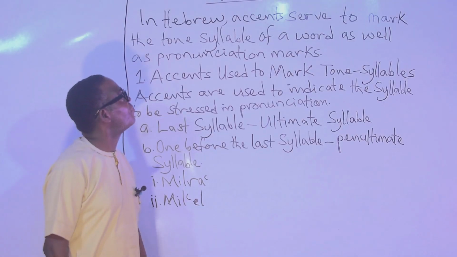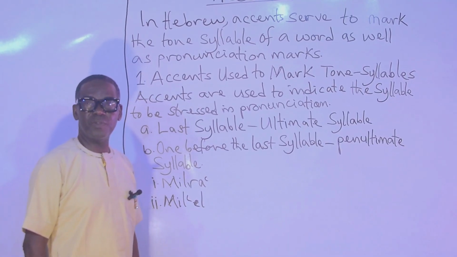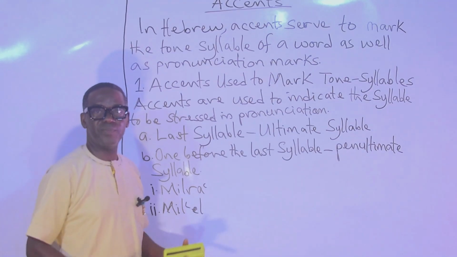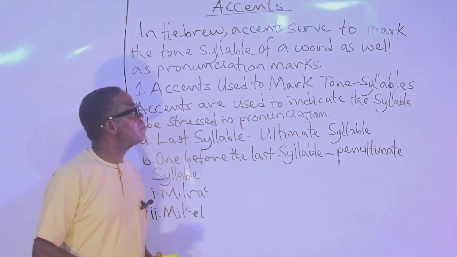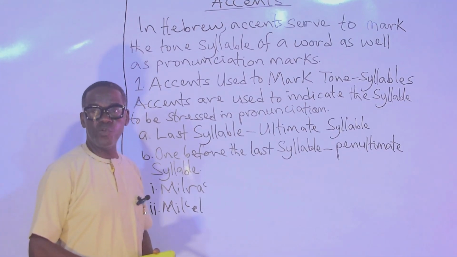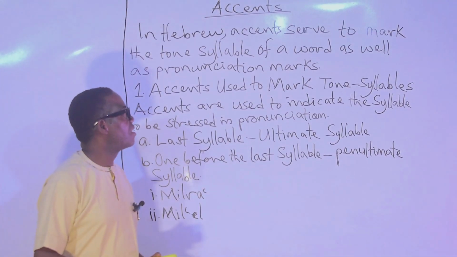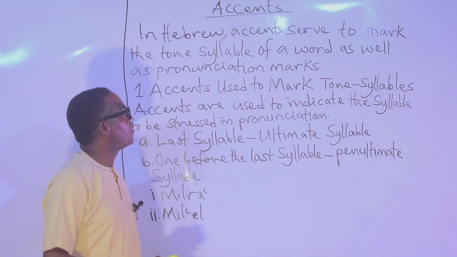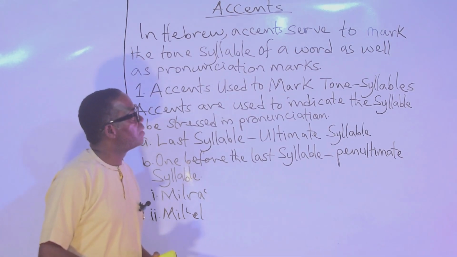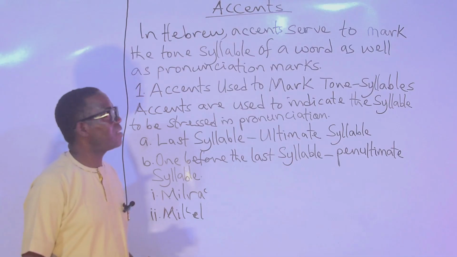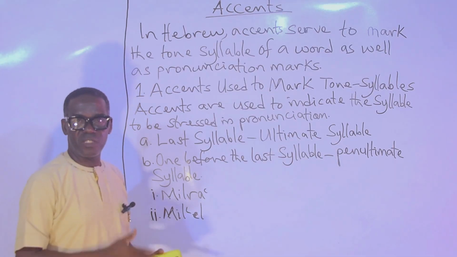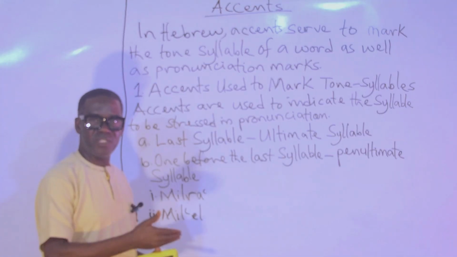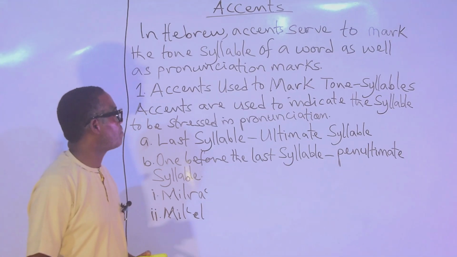We've come to the consideration of Hebrew accent. Hebrew has some accents and they do a number of things. They are used to mark the tone syllable of a word, the syllable that's supposed to be stressed in a word.